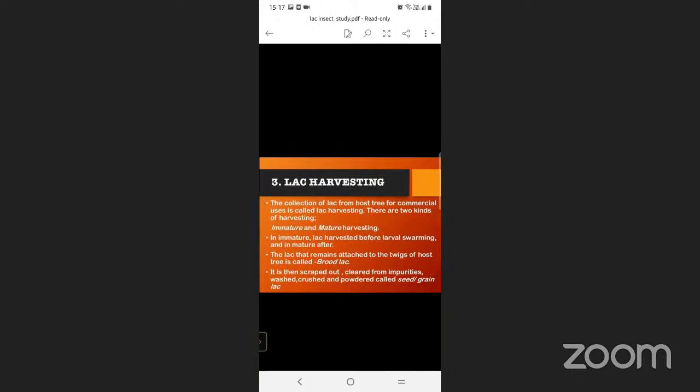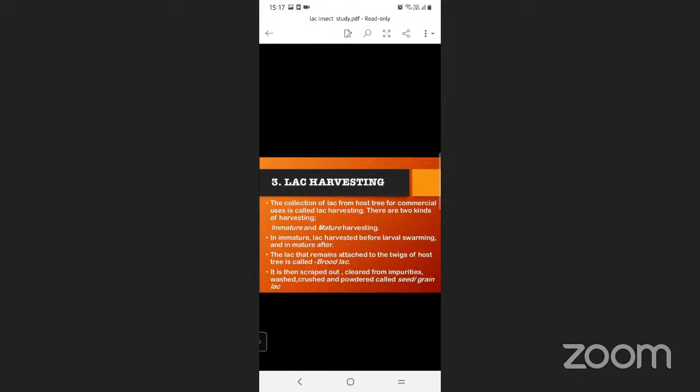The collection of lac from the host tree for commercial uses is called lac harvesting. There are two kinds of harvesting: immature and mature harvesting. In immature, lac is harvested before the larval swarming, and in mature, after they die. The lac that remains attached to the twigs of the host tree is called brood lac.